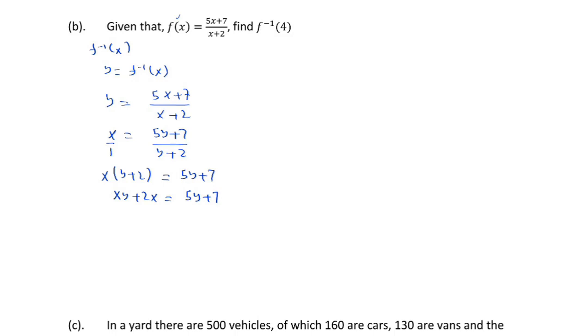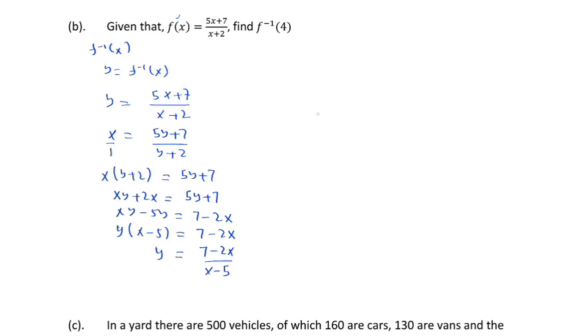We are going to have xy − 5y = 7 − 2x. Let us factor out y on the left hand side. We are going to have y(x − 5) = 7 − 2x. Let us now divide x − 5 from both sides. We are going to have y = (7 − 2x)/(x − 5).